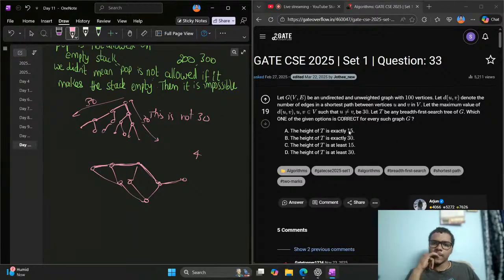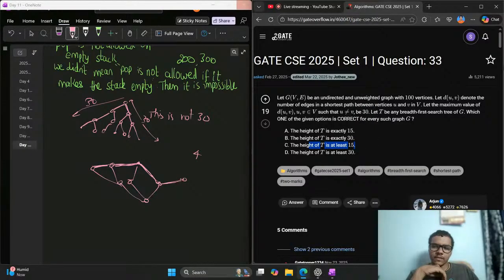T is what? The height of the BFS. No, you cannot say that. If you take the center, it cannot be smaller than at least 15.